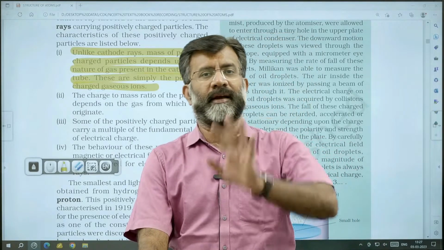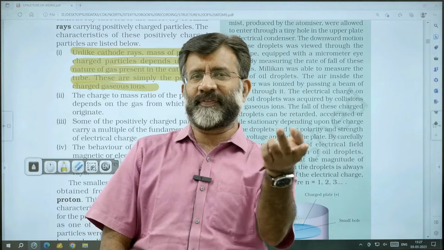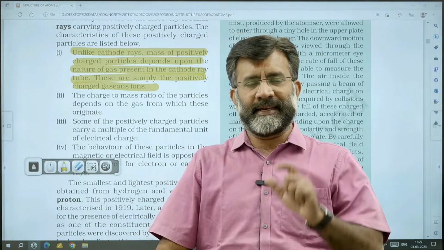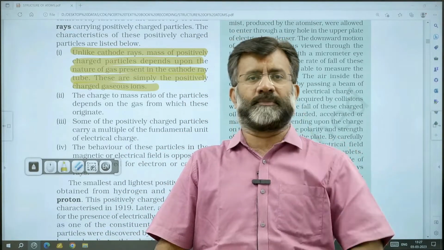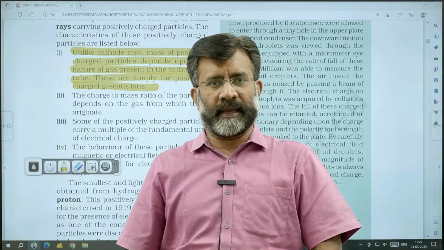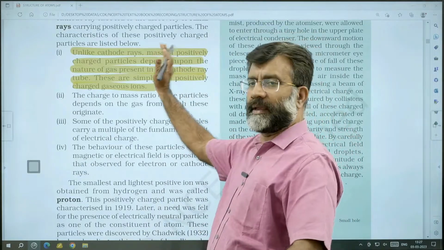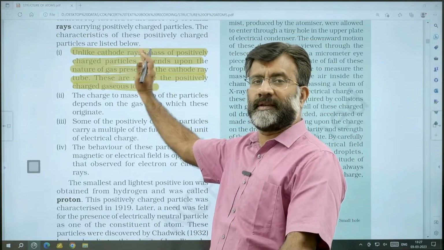If you take hydrogen, you get H+. If you take helium, you get a different cation, right? It is simply ionized atoms. So anode rays will depend on the gaseous sample that you use in the experiment.